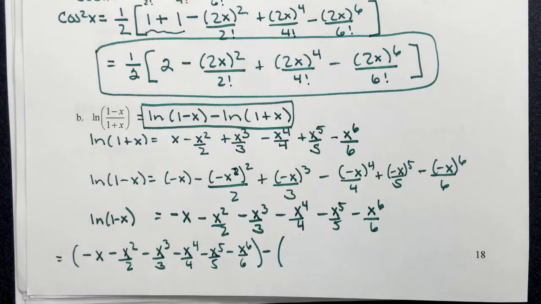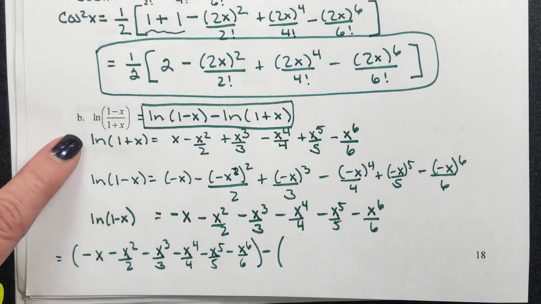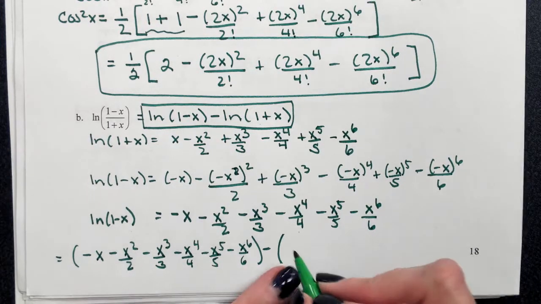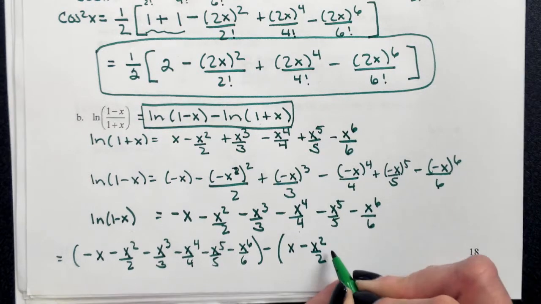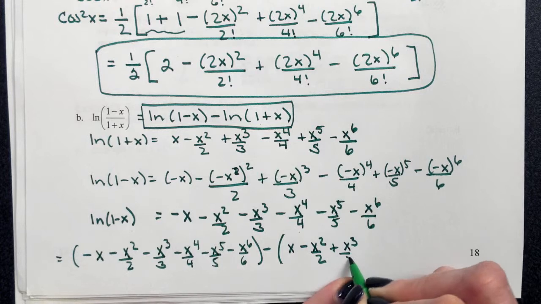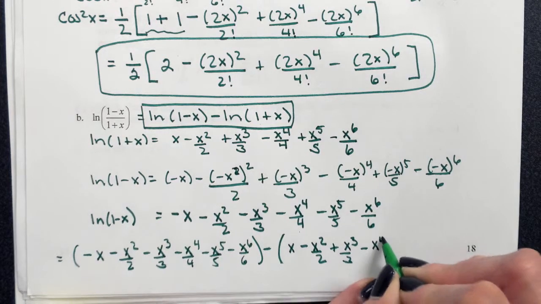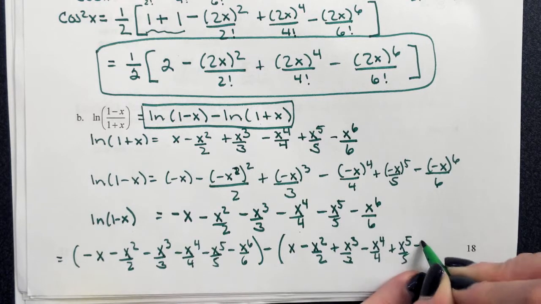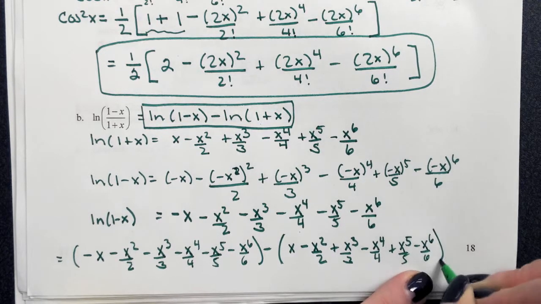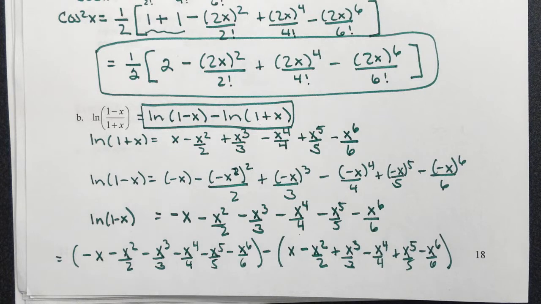I'm subtracting it from the Maclaurin series for the natural log of 1 plus x, which is x minus x squared over 2 plus x to the third over 3 minus x to the fourth over 4 plus x to the fifth over 5 minus x to the sixth over 6. Again, we may have extra terms in here, but you have to have at least 4 terms in your final answer. Any questions on the operation?